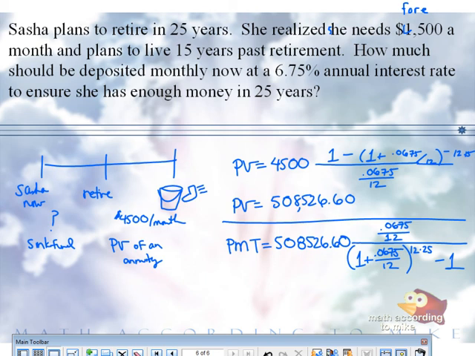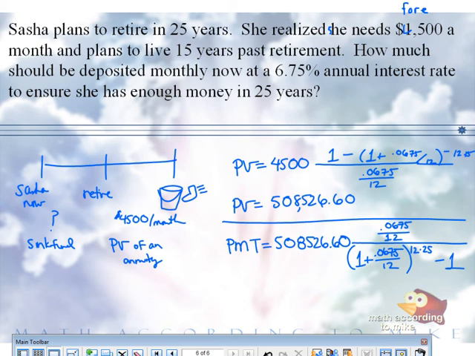If she's having to put away $20,000 a month, something went wrong. It's probably not going to be the answer. Now, to get $500,000 in 25 years, that's going to take some doing, but it should at least be reasonable. So please be careful as you're doing these problems. And also, since I cannot see what you're putting into your calculator, become comfortable with how to type this in your calculator.